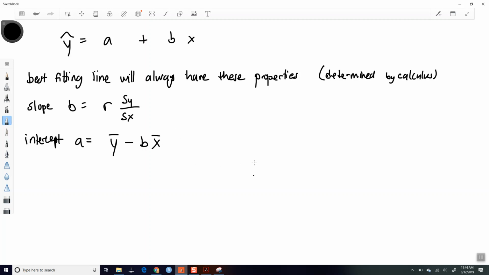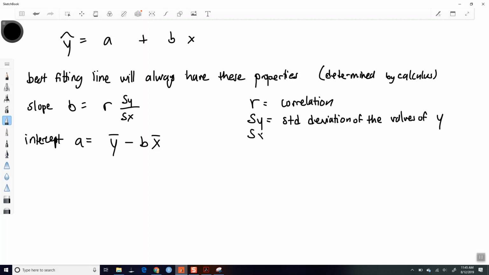Okay, so r is the correlation, sy is the standard deviation of the values of y, and sx is the standard deviation of the values of x.